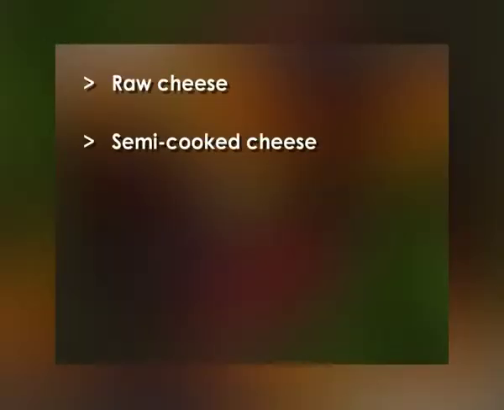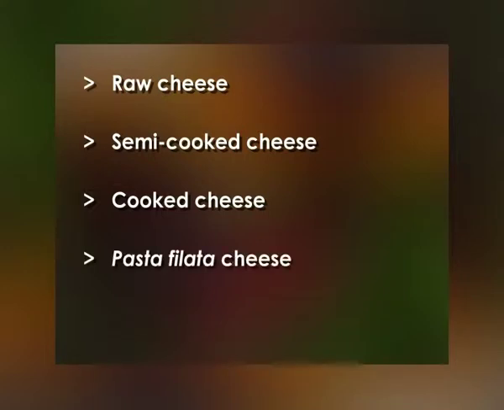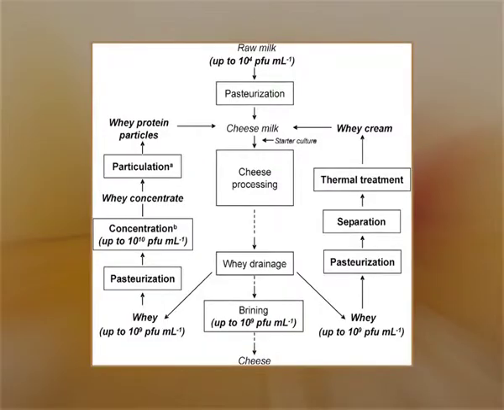On the basis of processing technology and the temperature at which the curd is cooked, cheeses are classified as raw cheese, semi-cooked cheese, cooked cheese, pasta filata cheese, molded cheese, or blue cheese. Now we'll look at the cheese production. Though there are numerous cheese varieties, the manufacturing processes of most of them share several common steps.